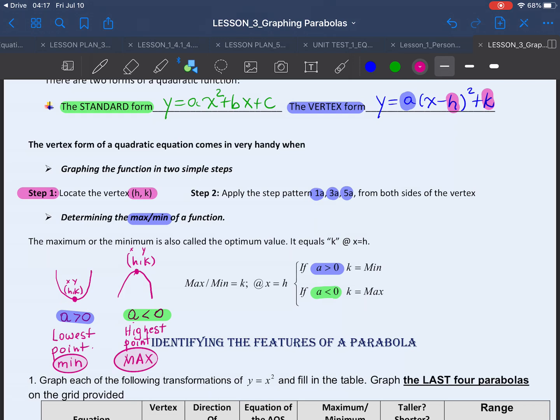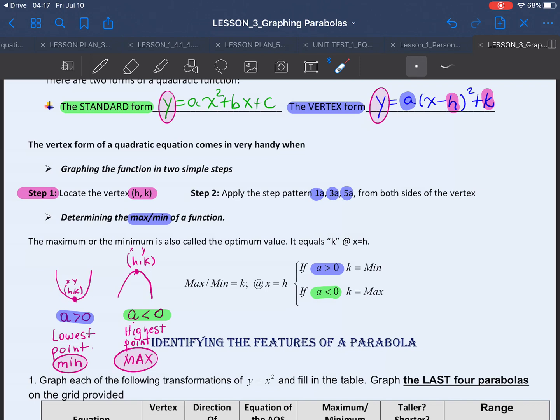So, what is the actual value of the minimum or the maximum? Remember that the equation is always y equals an expression, right? So, y is represented by the letter k.